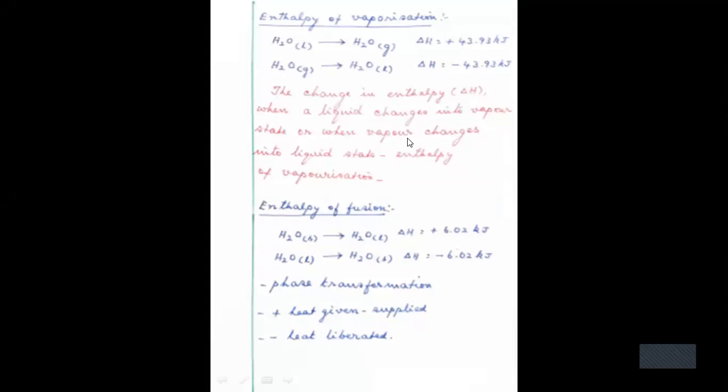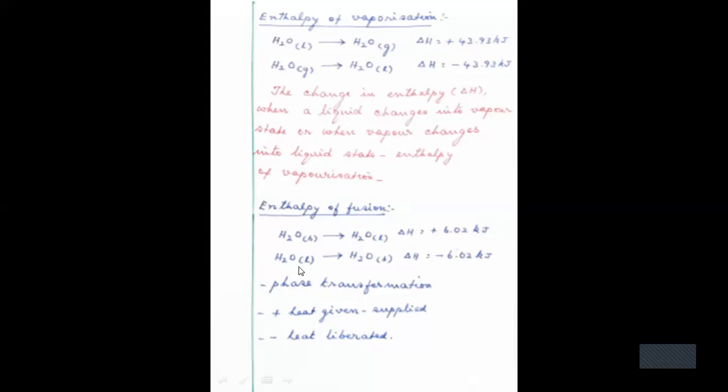Similarly, you can think of enthalpy of fusion. Enthalpy of fusion means if you are taking water in ice form in solid state and you melt it and you want to convert 1 mole of the water in the solid state to 1 mole of water in the liquid state, what is the enthalpy change accompanied with this process is plus 6.02 kilojoule.